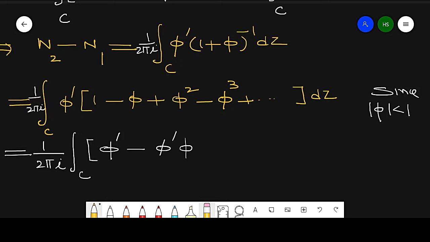So we get phi dash minus phi dash phi plus the next term, plus phi square into phi dash, into dz, and so on, and this is a derivative, dz.